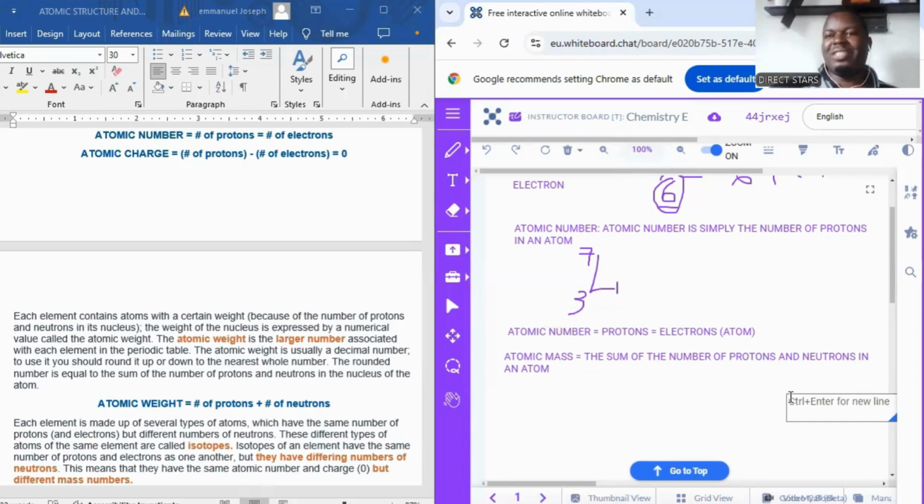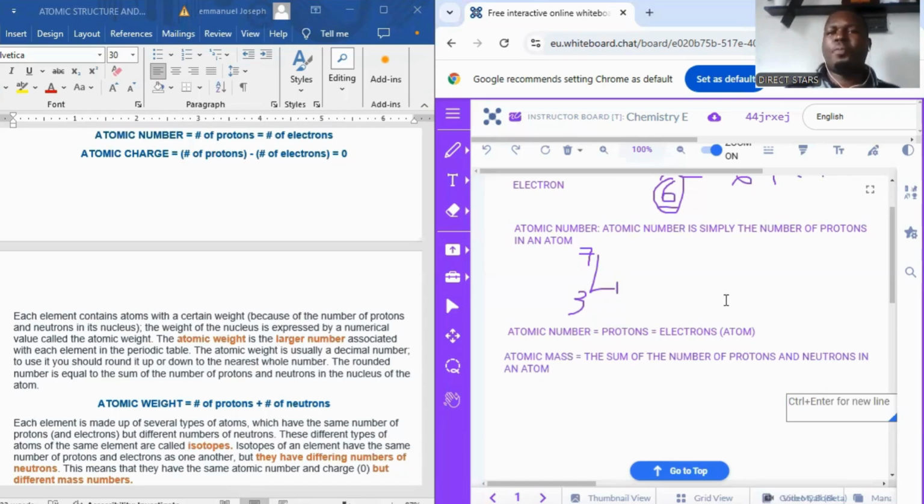Okay, so it's not considered when looking for the weight of an atom. So when we want to get the weight of an atom, we simply add the number of protons we have and the number of neutrons we have in the nucleus. Okay, that gives us the atomic mass or weight.